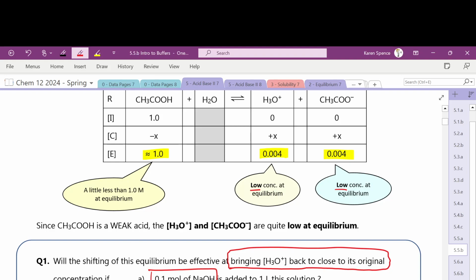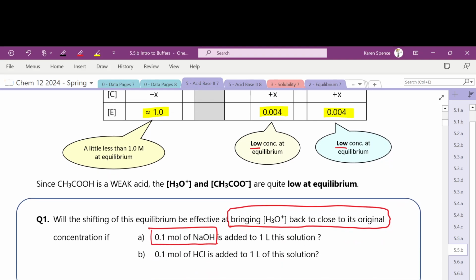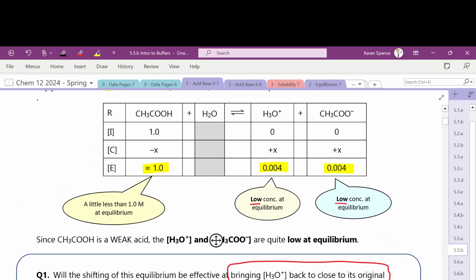Will it be able to shift to get H3O plus back to close to what it originally was? Chat with your partner about that.